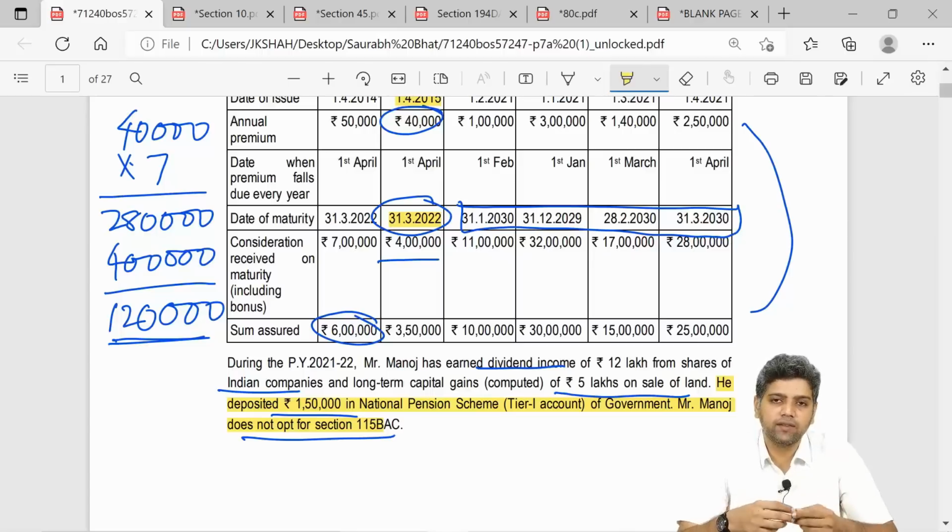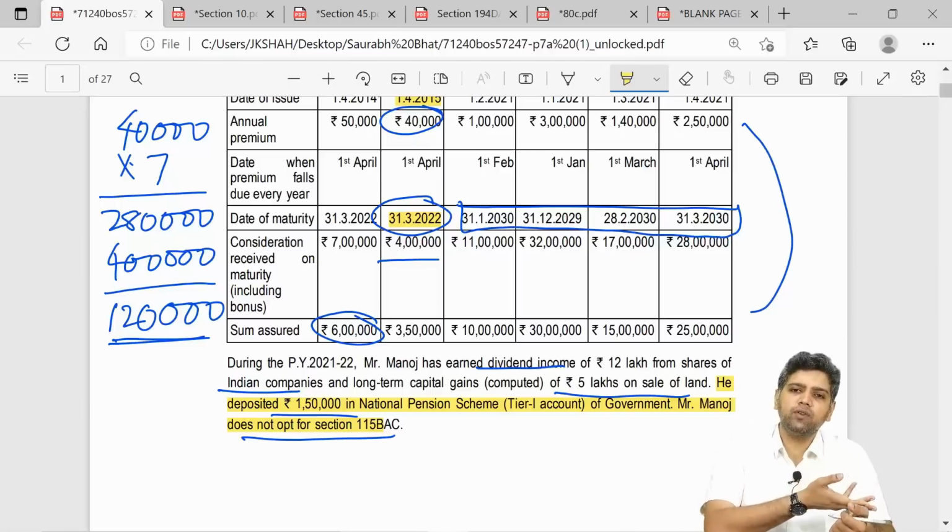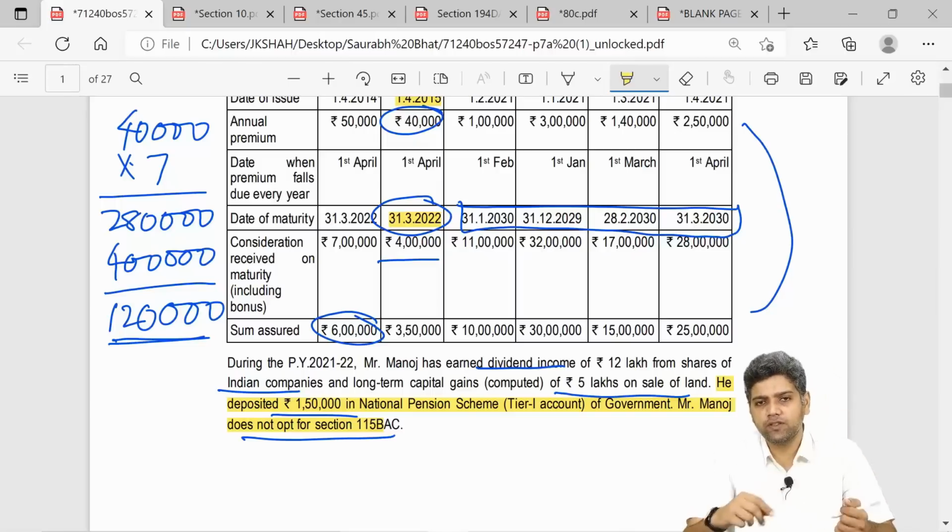The deduction cannot exceed 1,50,000 rupees. So the assessee would say, like in case of Mr. Manoj, that already I am getting 1,50,000 deduction on account of life insurance premium. So why should I again make investment in any national pension scheme?